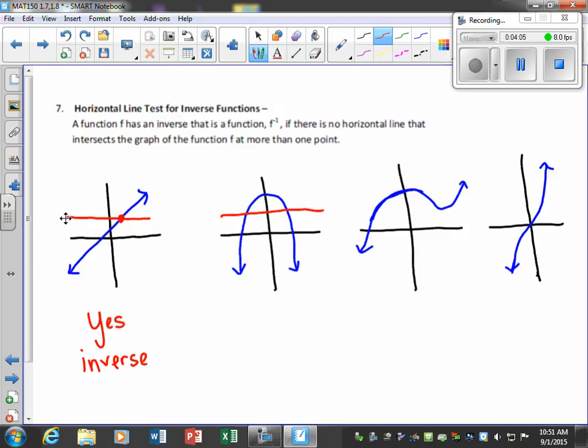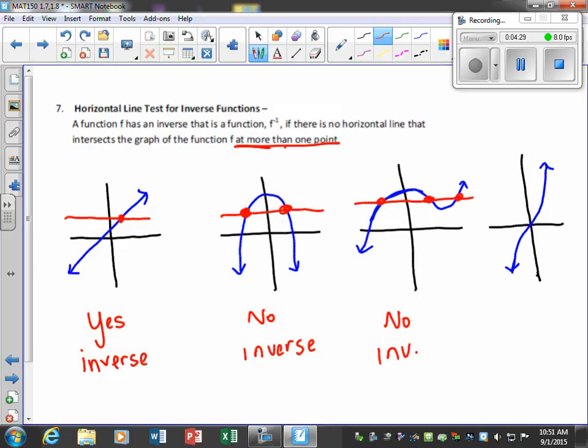It cannot cross at more than one point, so when this one touches at more than one point, we say no, this does not have an inverse. Okay, we consider the third function. It crosses in more than one place, more than one point, so we would say no inverse.